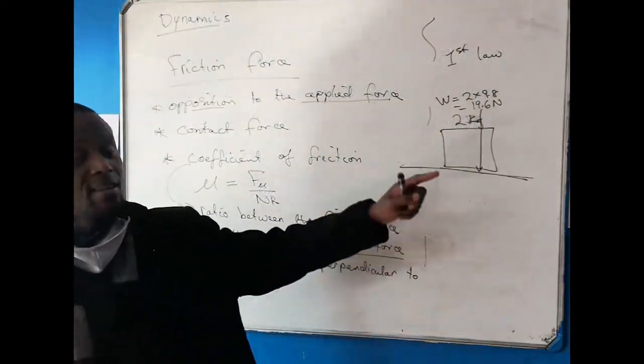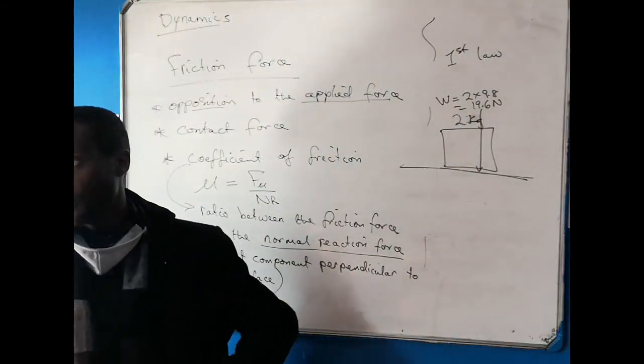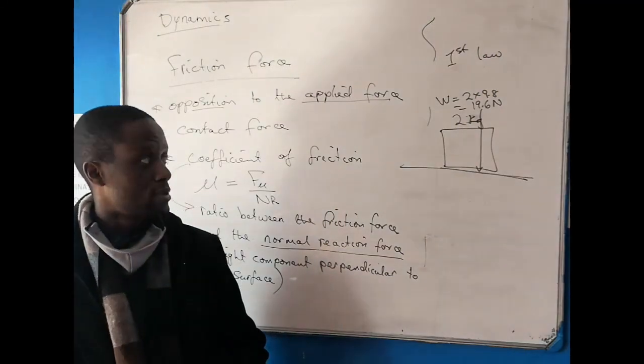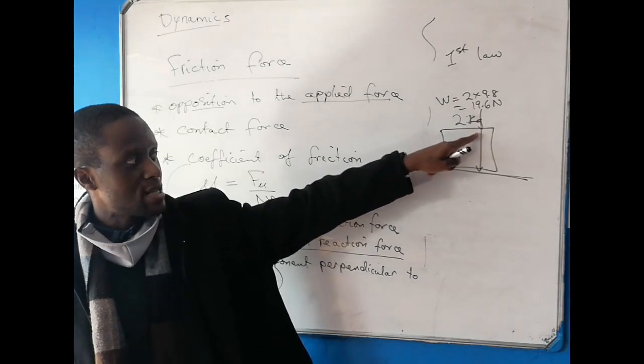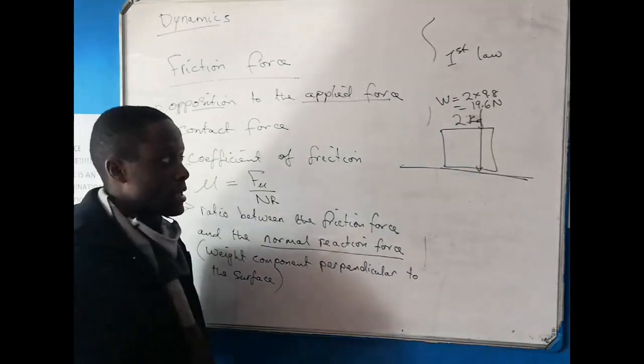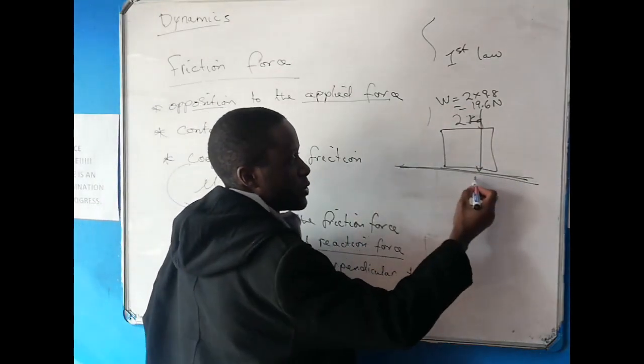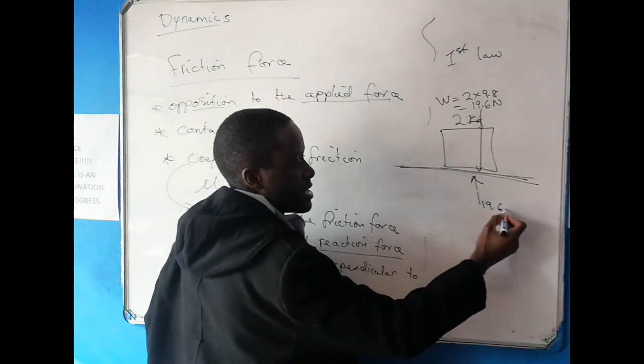So, in the same way, now we have finished all three laws of Newton of motion. If this object pushes 19.6 downwards, this surface is going to react with 19.6 newtons.